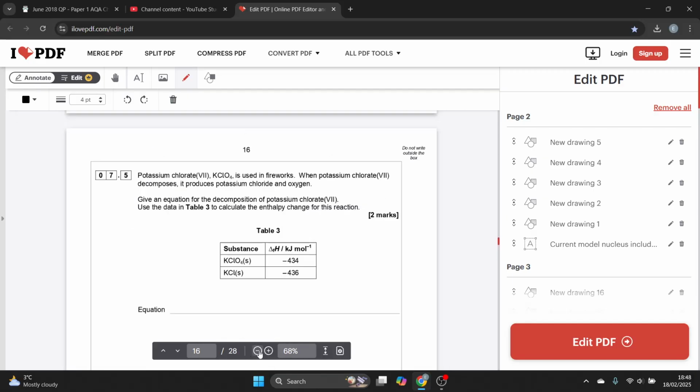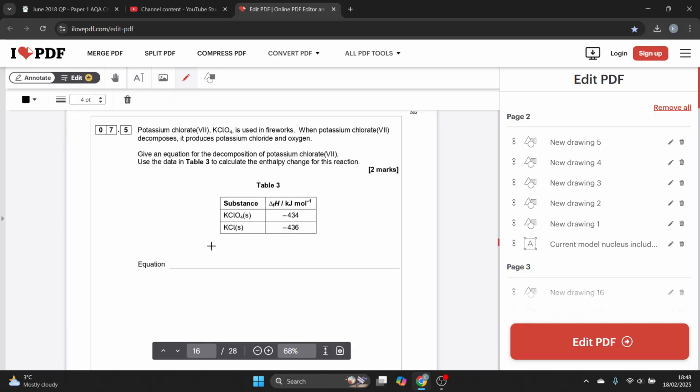Question 7.5, the equation for decomposition of potassium chlorate, KClO4 to KCl, and I'm going to include all the state symbols, plus 2O2, gaseous oxygen gas, obviously. Calculate the enthalpy change for this reaction. So the enthalpy change, it is formation data.